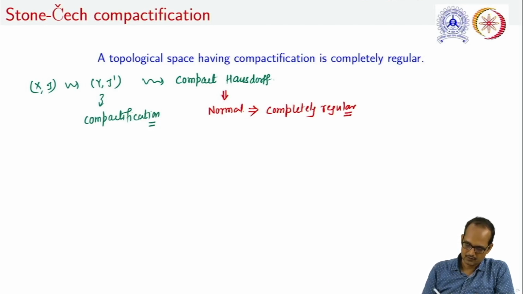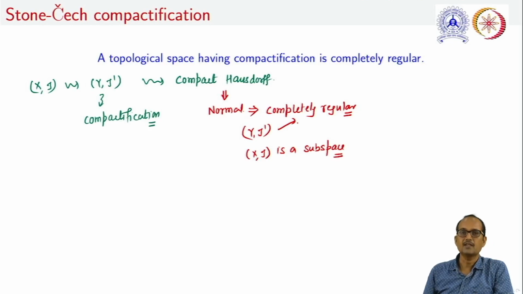Also we have studied that every normal space is completely regular. So this (Y, tau dash) is completely regular, and at the same time this (X, tau) is a subspace.